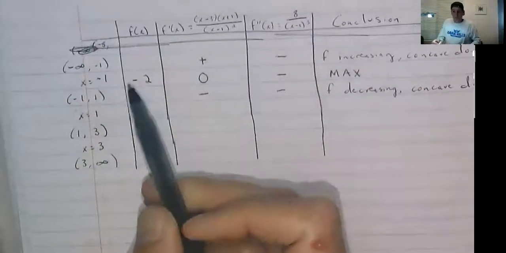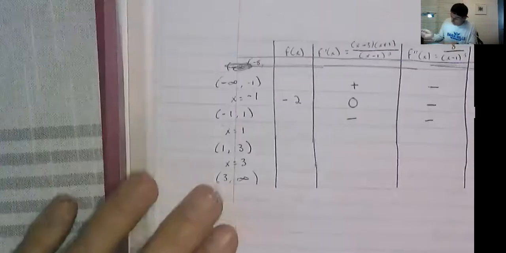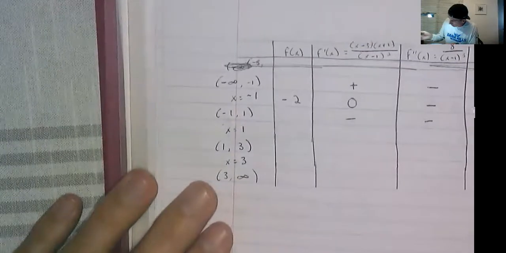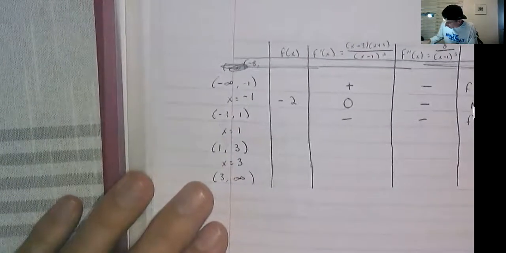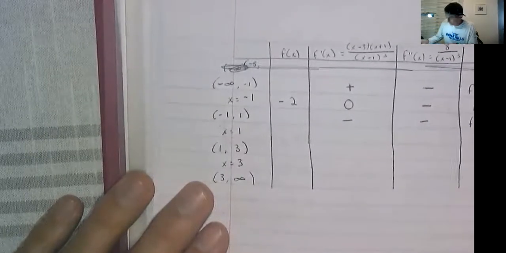So 4 divided by -2. Our function value here is -2. So our maximum is at -1, -2. I don't know how you want to mark that off. So, max at -1, -2. And that'll be one of the points that we plot.